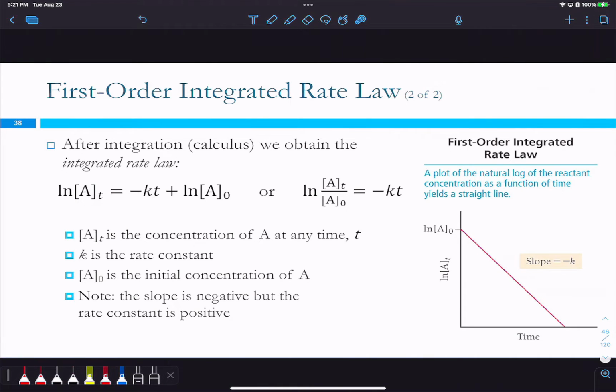The rate constant is going to be positive, but you plug a positive number in, multiply it by negative, and it becomes negative. t is the amount of time, right? So for whatever point in the reaction that we want to know, and then our natural log of A sub 0, meaning our initial concentration. So if we plug in an initial concentration, plug in k, we can say for any time in this reaction, what is the concentration going to be?